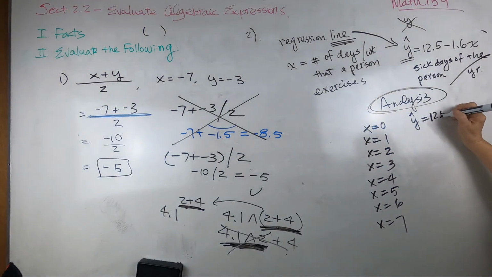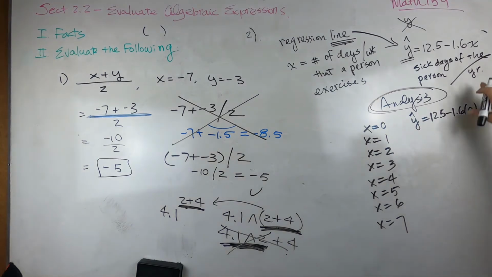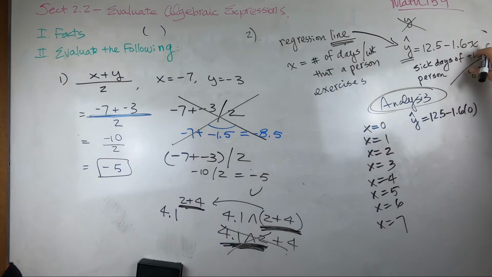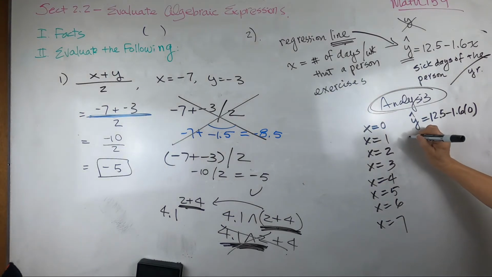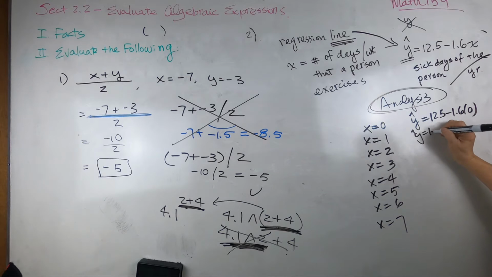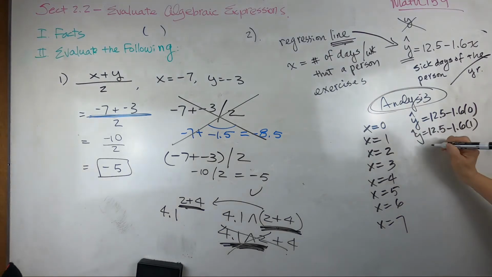If you do 12.5 minus 1.6 times 0, right? Two symbols together, one number and one variable, means multiplication. Then y hat is 12.5 minus 1.6 times 0. That's what it's saying, right?